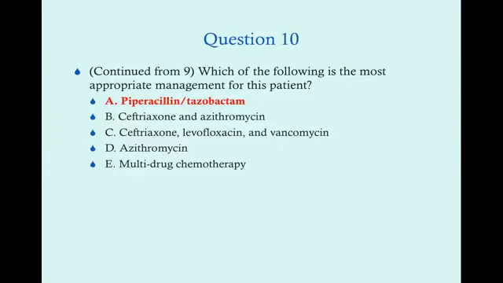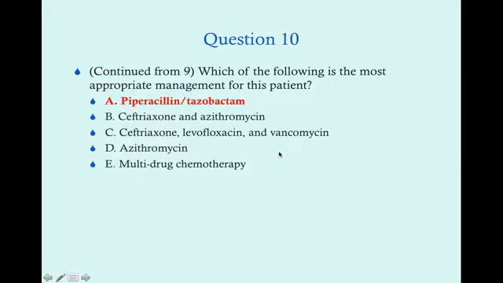Ceftriaxone, levofloxacin, and vancomycin would be okay for a patient who is similar to B, so community-acquired pneumonia, older, needs to be hospitalized, but maybe they got the pneumonia while they were in the hospital, or you have any reason to suspect MRSA. Vancomycin is going to be added if you suspect MRSA.